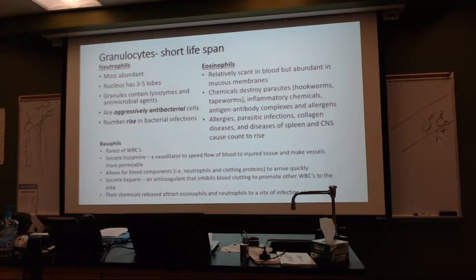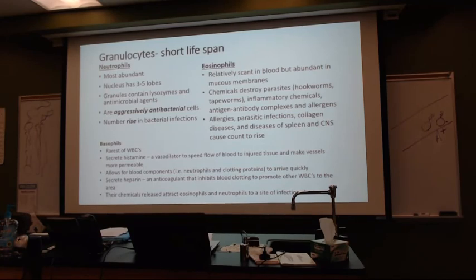So by having the blood flow increase, I get to bring in, wow, what do you see listed right there? Eosinophils and neutrophils. I see neutrophils, which are most high in number, which means I have a whole bunch of them, and that means they can get there quickly and they can start fighting.